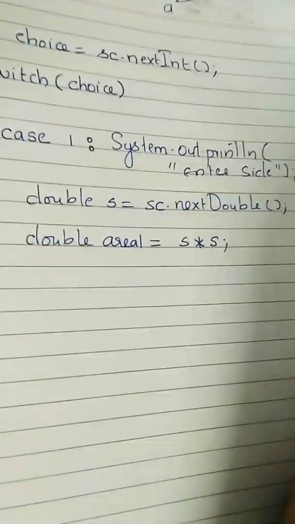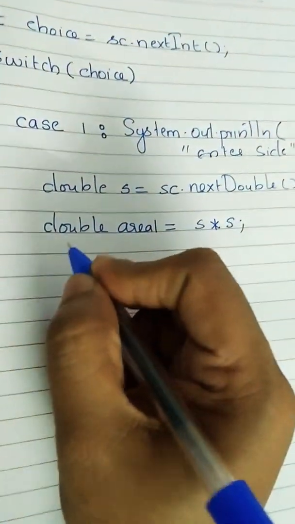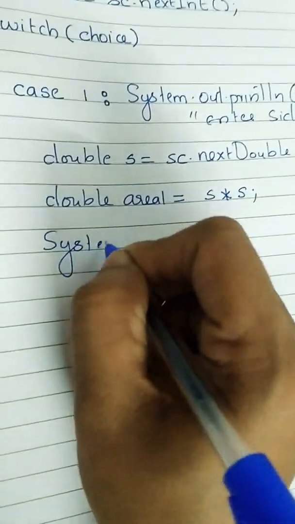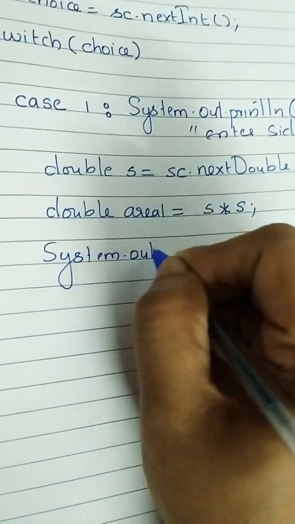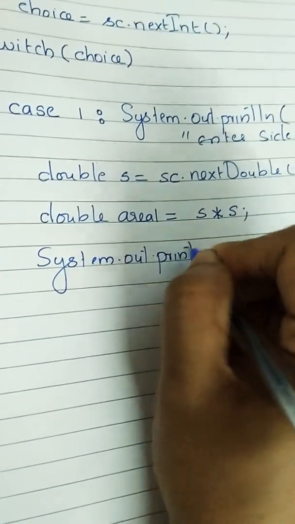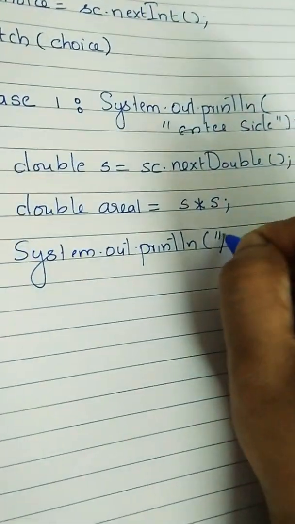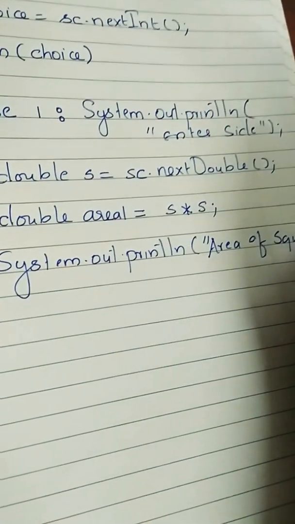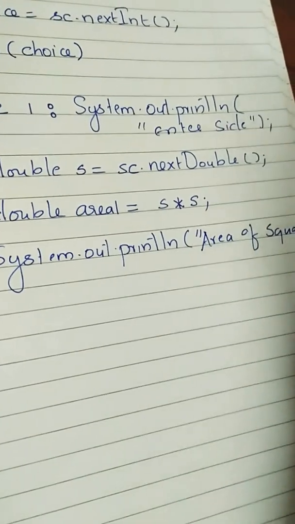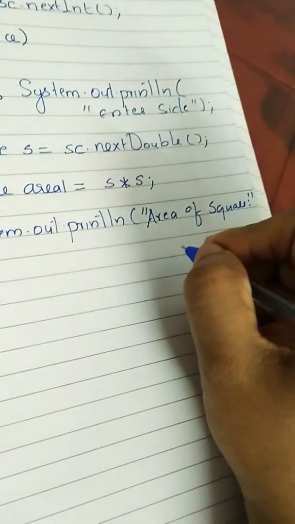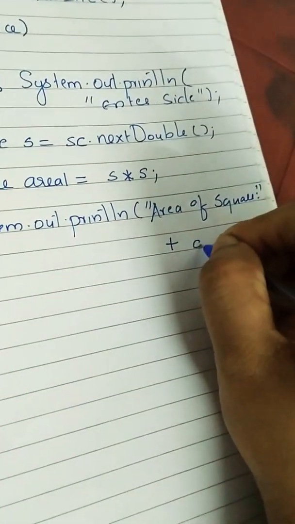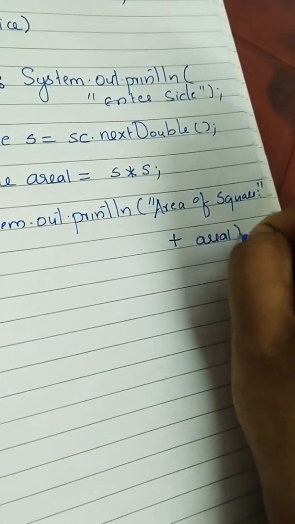So I will write s into s, and after calculating this I will print the area. System.out.println, area of square, and you will put a colon, or it's up to you. Close the double quotes, then your concatenation, and then your variable name area1, and close that.